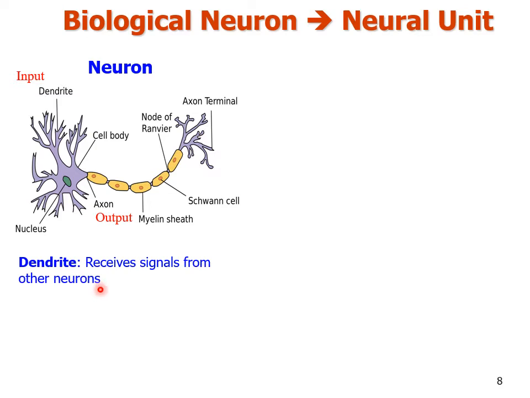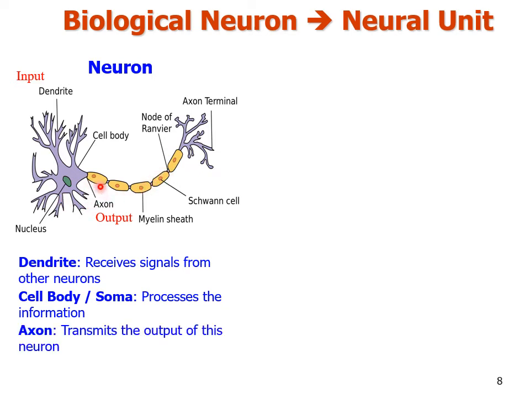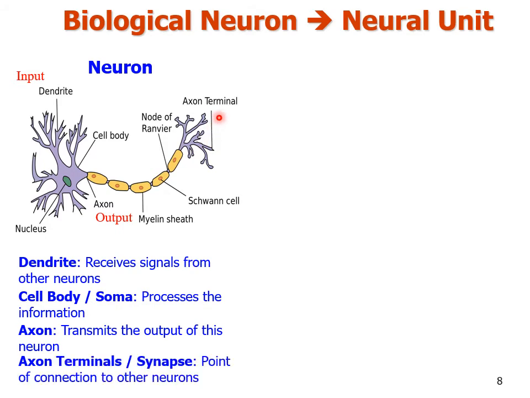We have the cell body or soma that processes the information. We have the axon that transmits the output of the neuron. Also, we have axon terminals or synapse, which is a point of connection to other neurons.